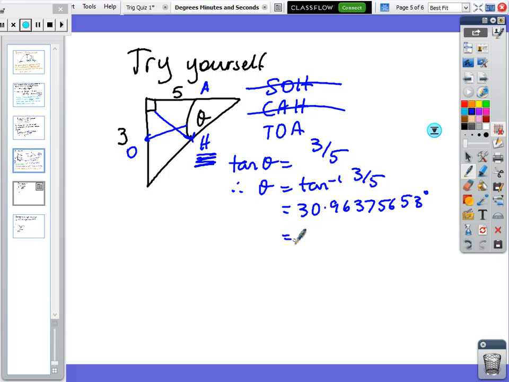And then you press the degrees, minutes, seconds button, and you get 30 degrees, 57 minutes, 49.52 seconds.